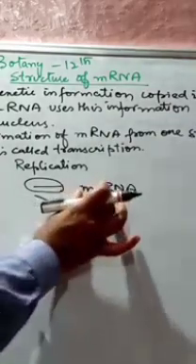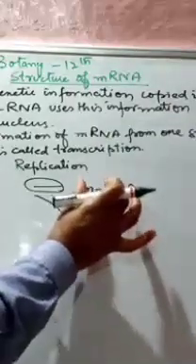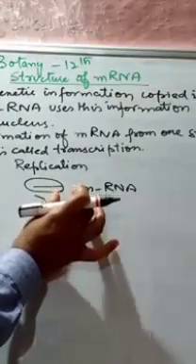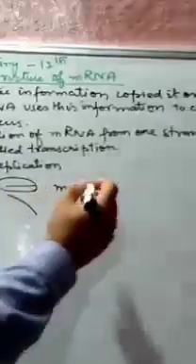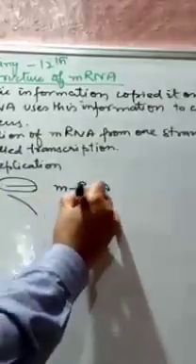So this mRNA is formed from only one strand of the DNA, and it is found within the nucleus of the cell. And from the nucleus, it is shifted to the cytoplasm.